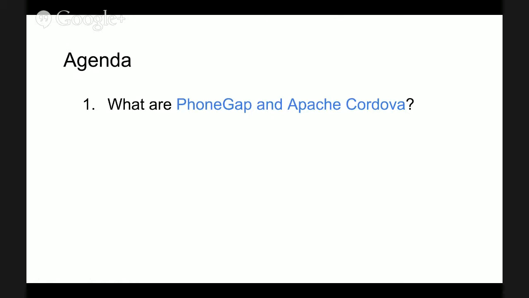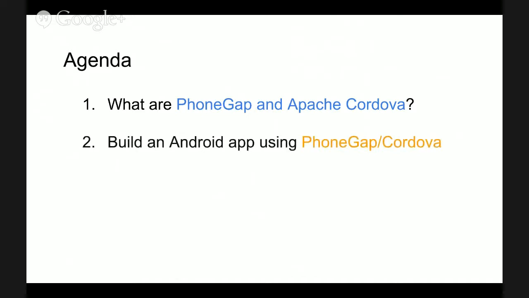Then I will demonstrate how to create a simple application in the second part. Finally, I will introduce my Google Maps plugin. This plugin is really useful to create a map application using PhoneGap or Cordova. At least I think so.